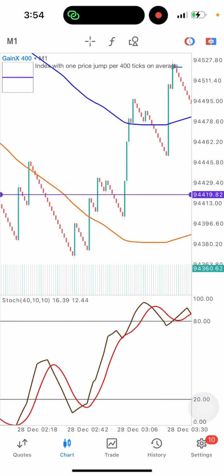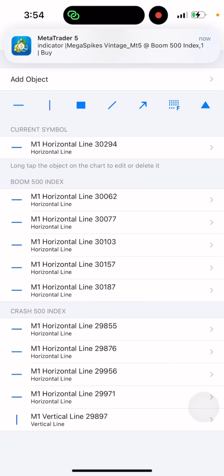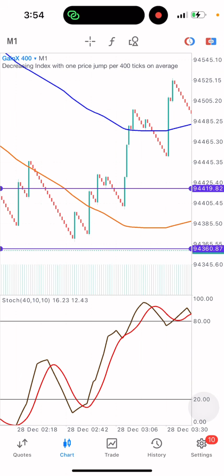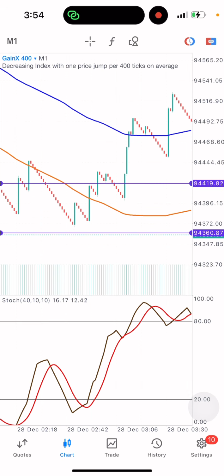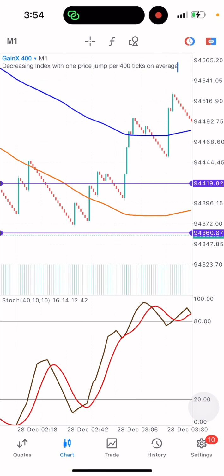You take your trade right around this point, and you leave your stop loss 5 candles below the previous low. That is the candle that spiked right back into the envelope. Then your take profit is going to be a crossover of the stochastics oscillator right here.